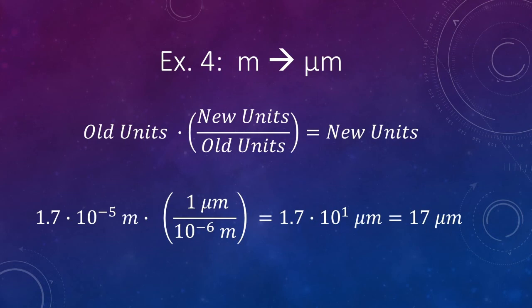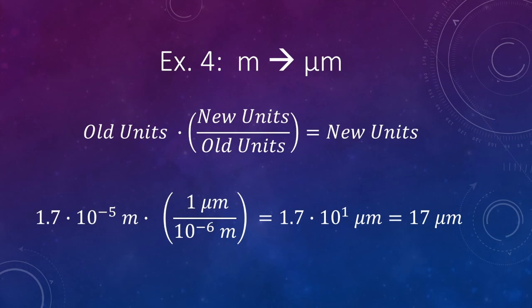And we note that for every 1 micrometer, there are 10 to the minus 6 meters. Our new units of micrometers are on top. The old units we want to get rid of are regular meters, which are on bottom. So when we do 1.7 times 10 to the minus 5 meters times 1 micrometer over 10 to the minus 6 meters, we're left with 1.7 times 10 to the 1 micrometers, or 17 micrometers.